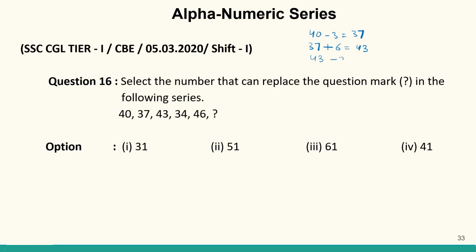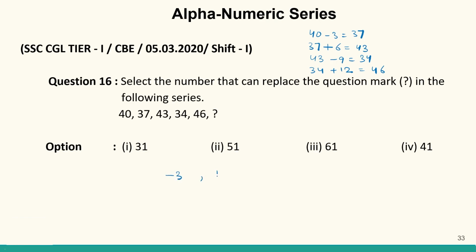If I subtract 9 from 43, we'll get 34. Yes. And from 34, if I add 12 into this, we'll get 46. So I can see that multiples of 3 are being used in the operation.